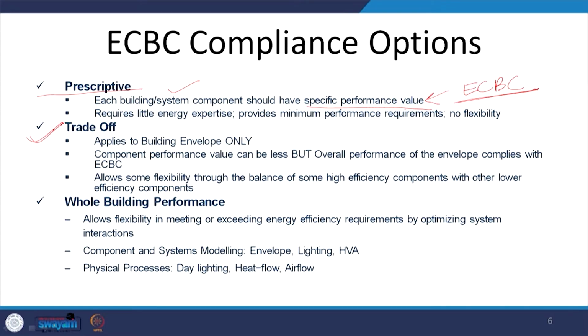So, just as I was explaining here, in case we do not want to select a very high efficiency material, as in the case of fenestration, instead of investing in the performance of fenestration, I may improve the performance of the roof if I know that more heat is going to be transferred through the roof as compared to the fenestration based upon my design.